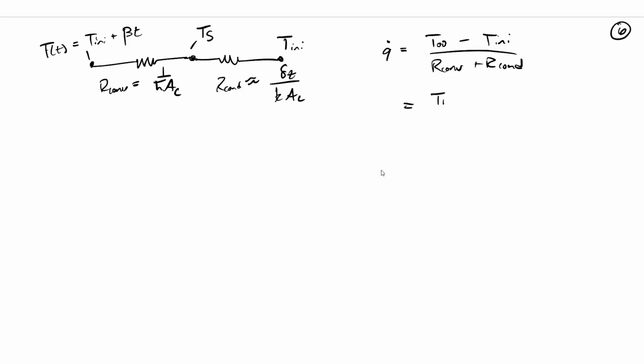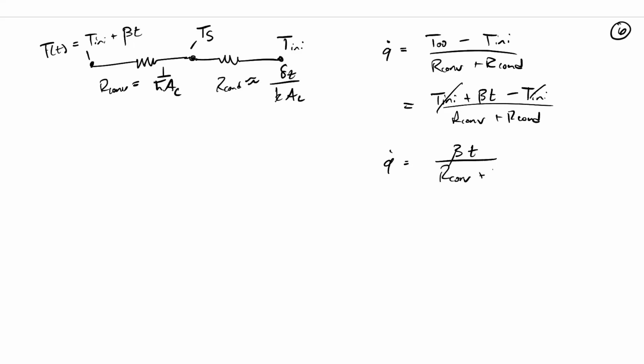So that becomes T initial plus beta times time minus T initial, divided by R convection plus R conduction. The two T initials go away, so we're going to end up with Q dot equal to beta times time over R convection plus R conduction.